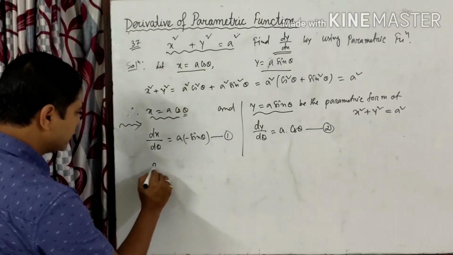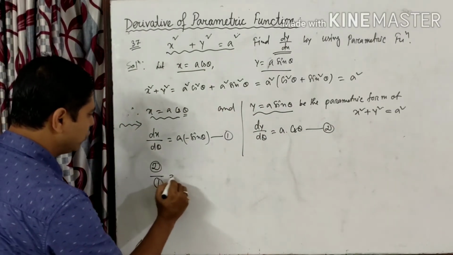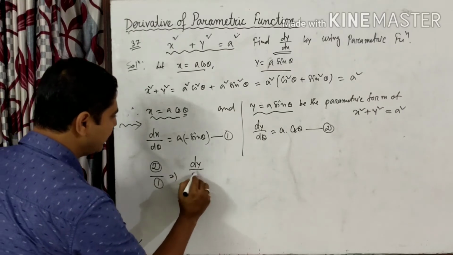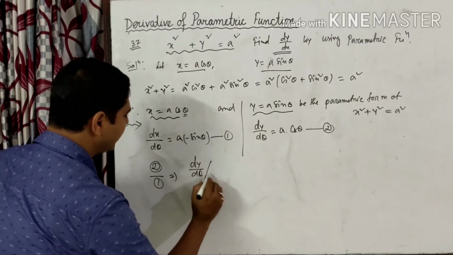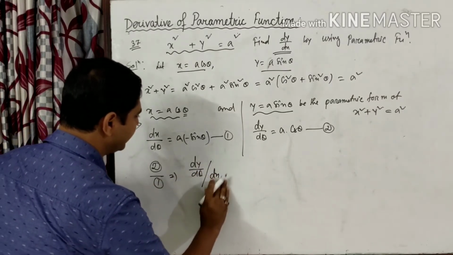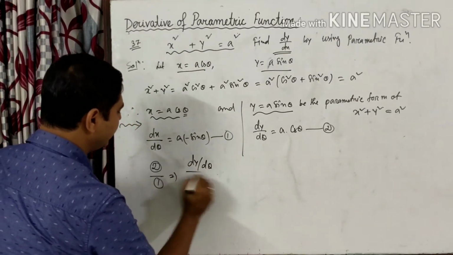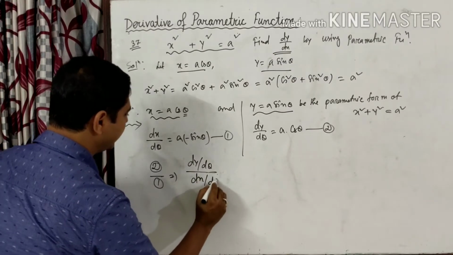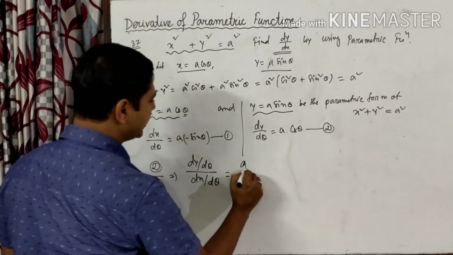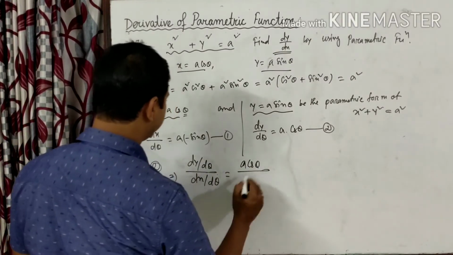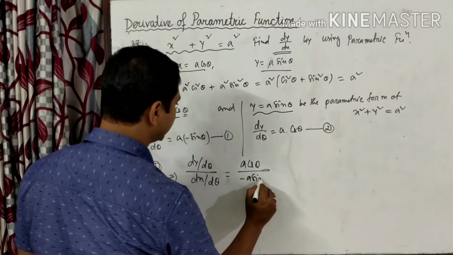Now equation 2 by 1: dy by d theta divided by dx by d theta. What is dy by d theta? A cos of theta. And dx by d theta is minus a sin of theta.